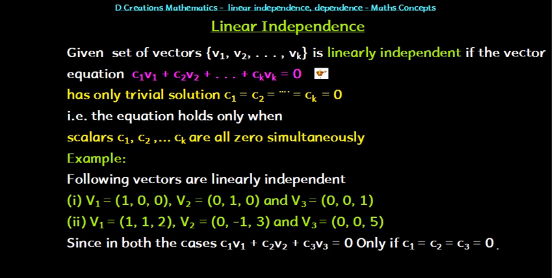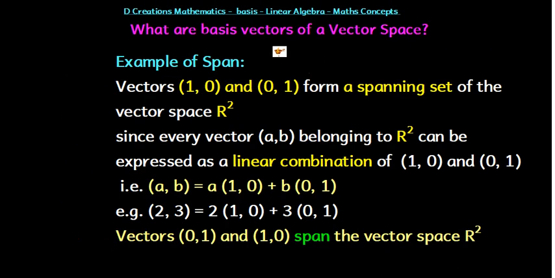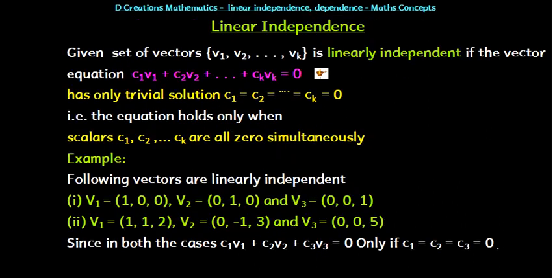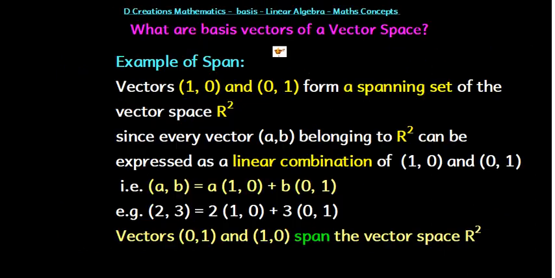If you see the previous set of vectors (1, 0) and (0, 1), these are also a set of independent vectors. Just like here you can see that (1, 0, 0), (0, 1, 0), (0, 0, 1) form a set of linearly independent vectors, the vectors (0, 1) and (1, 0) also form a set of independent vectors.